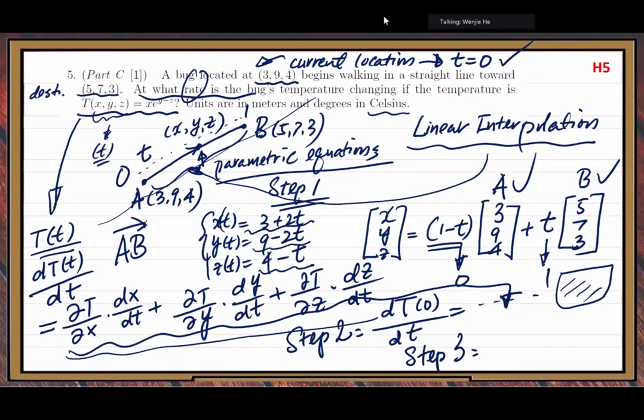That's not good, right? So in order to eliminate that factor, the length of the AB vector, which is a variable length factor, you want to normalize it. So step 3 is the normalization step.